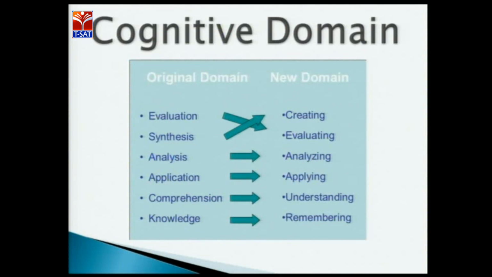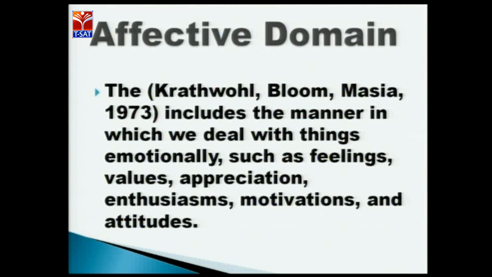When you move from bottom to top in a hierarchical manner, you will see knowledge, comprehension, application, analysis, synthesis, and finally evaluation. And there are some changes you can find in the new revised version, that is remembering, understanding, applying, evaluation and creating. We will look at the changes a little later.